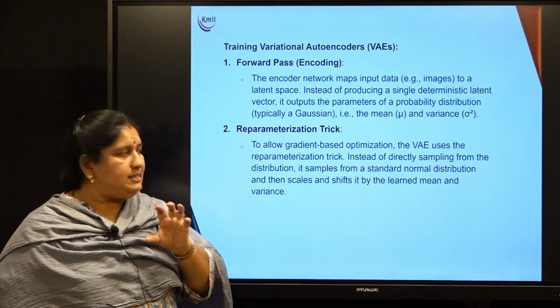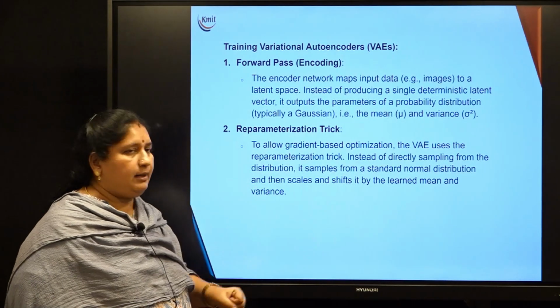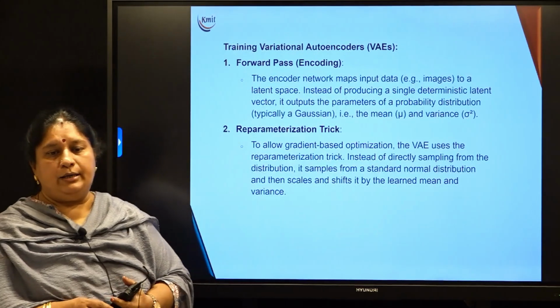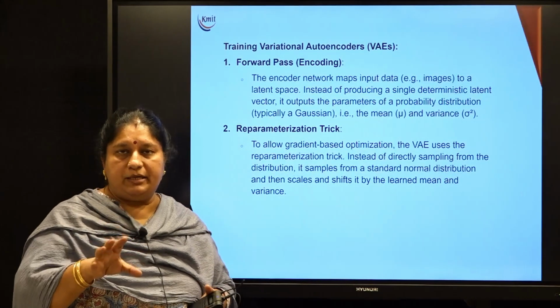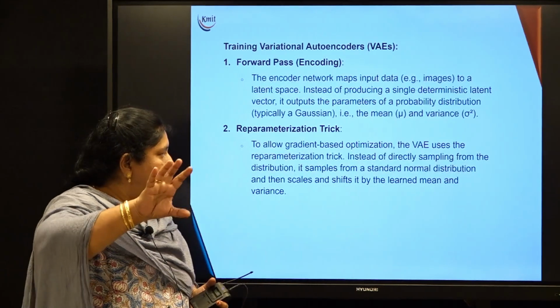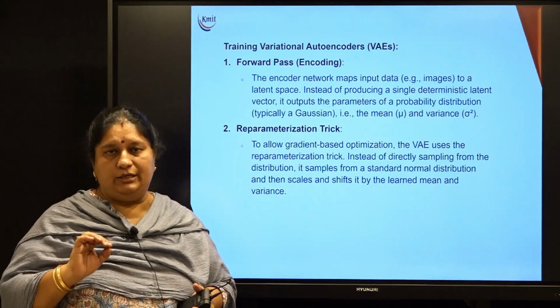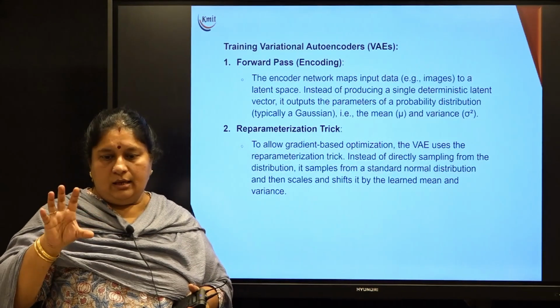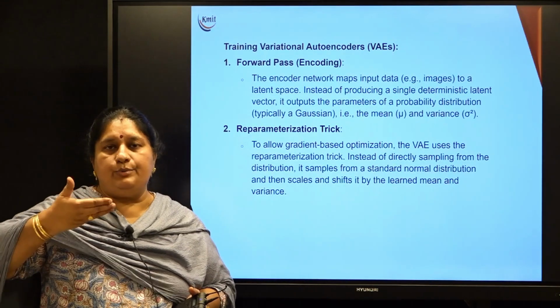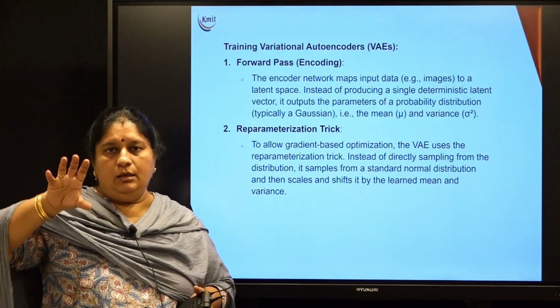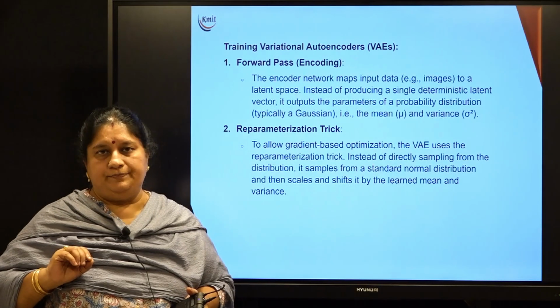Instead of directly sampling from the distribution, it will generate data based on standard normal distribution values, and then scale them to the input distribution.